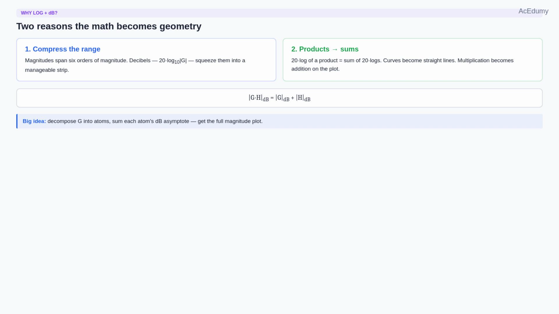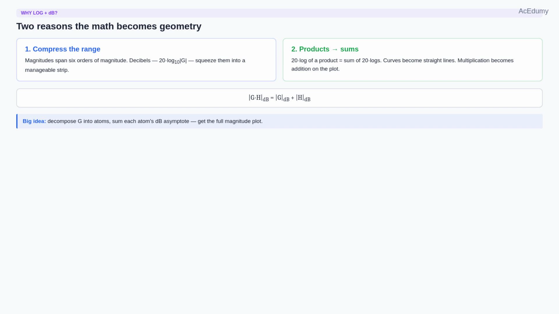Two reasons. First, magnitudes span huge ranges, often 6 orders of magnitude. A linear axis cannot display them. The decibel scale, 20 log of the magnitude, compresses everything into a manageable strip.